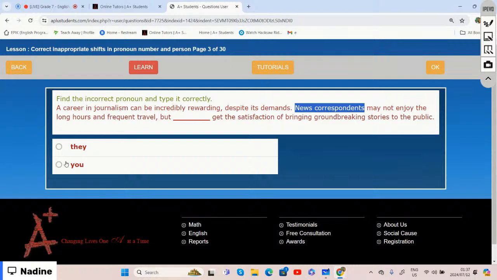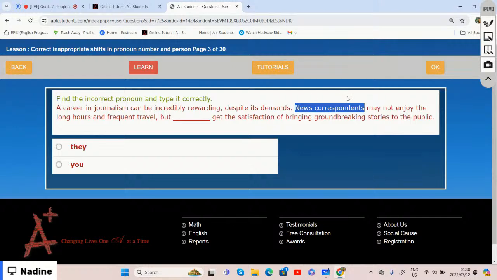So we need to choose the correct pronoun that refers to news correspondents, referring to more than one news correspondent. So we're talking about news correspondents.